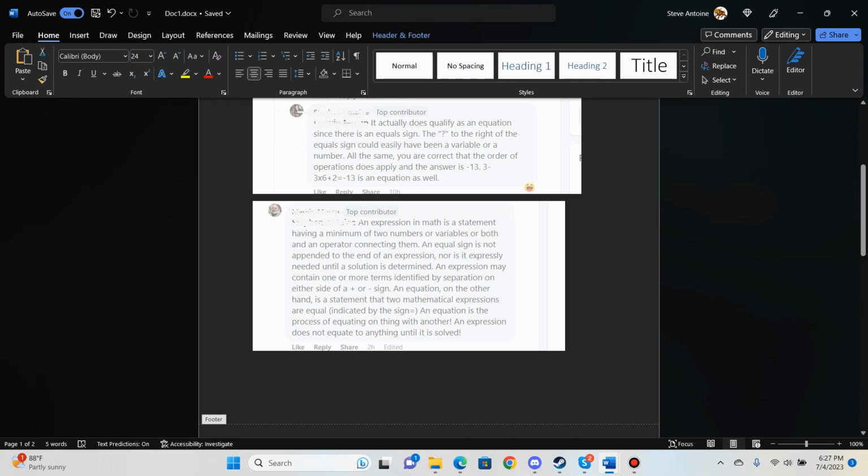So he's basically telling me what I've been telling him, but yet he's not seeing this as an equation. So I don't know what he's doing. An equation is the process of equating one thing with another. Yeah, that's right. We're equating a question mark sign with a numeric expression. An expression does not equate to anything until it's solved.